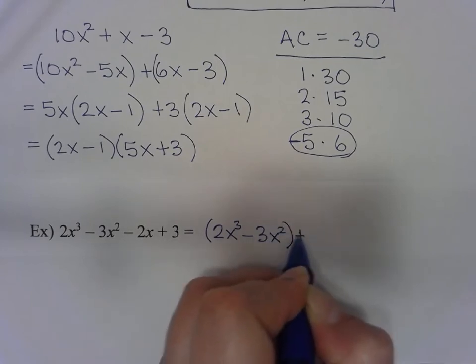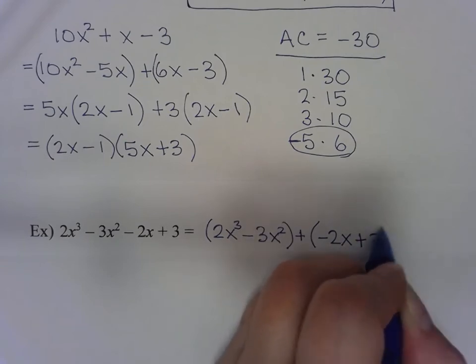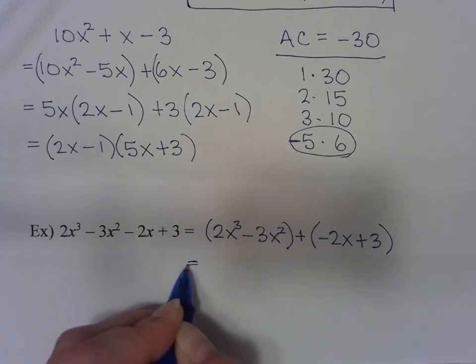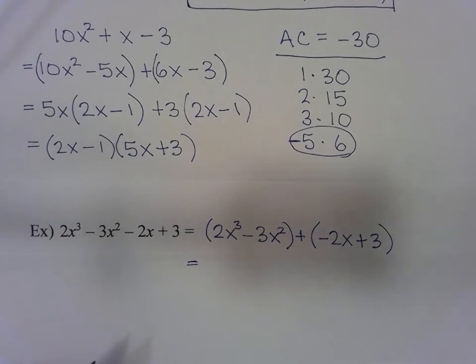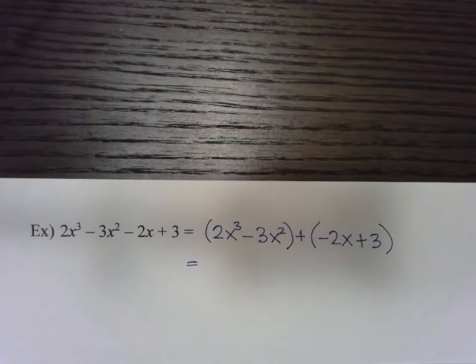And I'm going to put the negative in the middle into the second pair. The GCF of the first pair would be x squared.